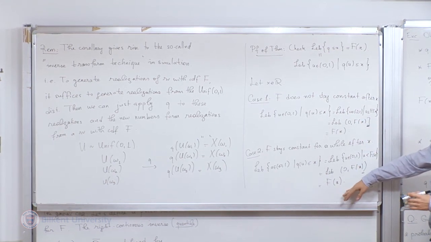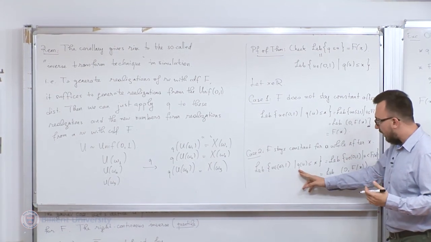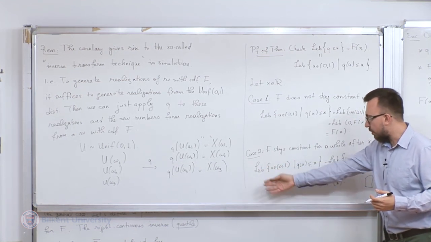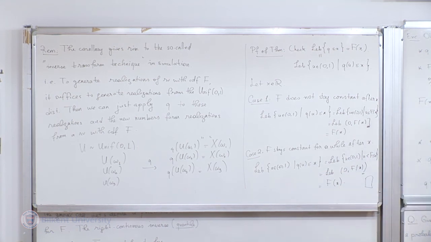You always have this equal to F of x. So this means q, when you see it as a random variable on this interval with respect to the Lebesgue measure, which is your probability measure, then your CDF for q is F. Okay? So this is the proof of the theorem.